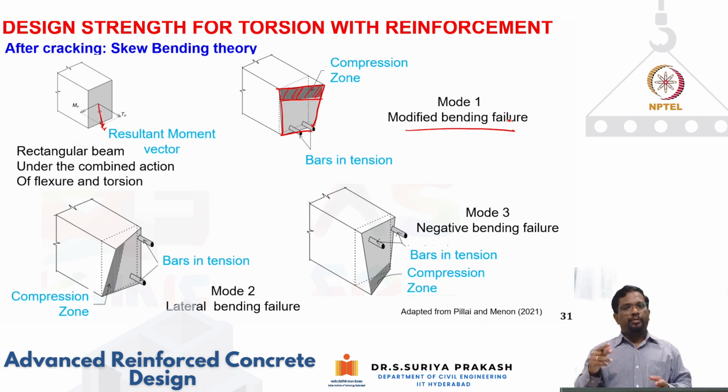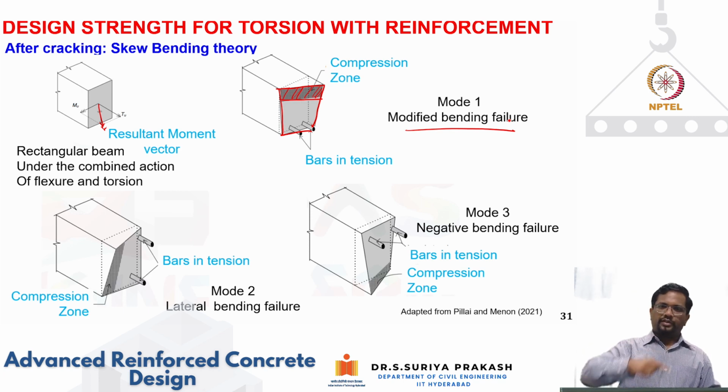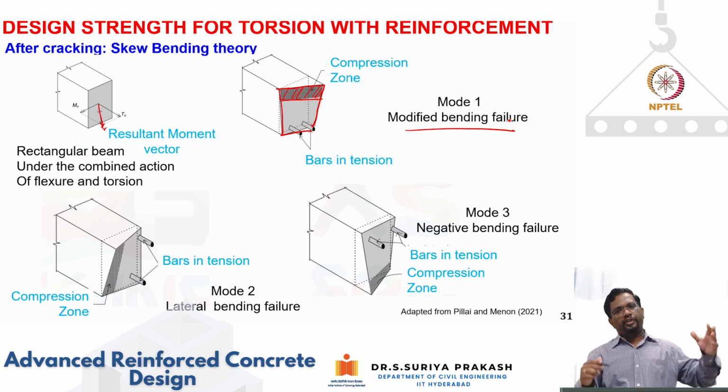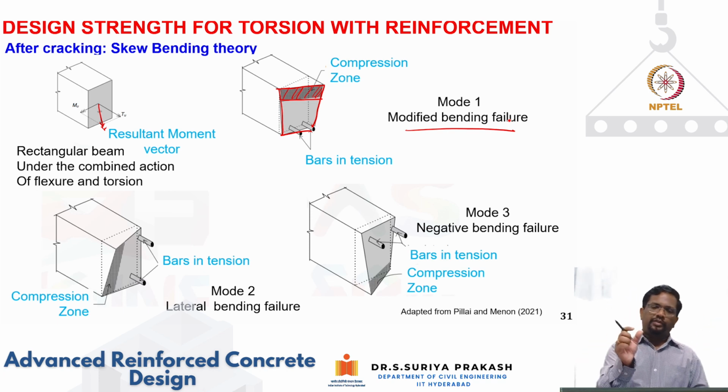Okay, but bending, what does it do? It is creating tension only on one side, right? One side compression, one side tension. So you can see that the torsion is creating tension around the periphery of the cross section. However, bending is creating tension only at the bottom. So I can have a situation when the torsional moment is very, very large and bending is very small, then what can happen?